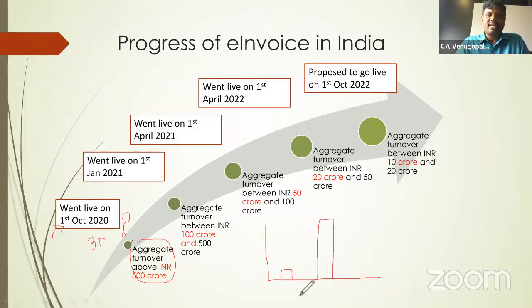But when they generate an e-invoice, the quantum of data generated by these users is this big curve, while the data generated by other users is this curve. In the first phase, the testing, they implemented e-invoice for this category of customers, and the system did not fail, did not fall flat. It handled well. Very soon they rolled it out to more than 100 crores, more than 50 crores.